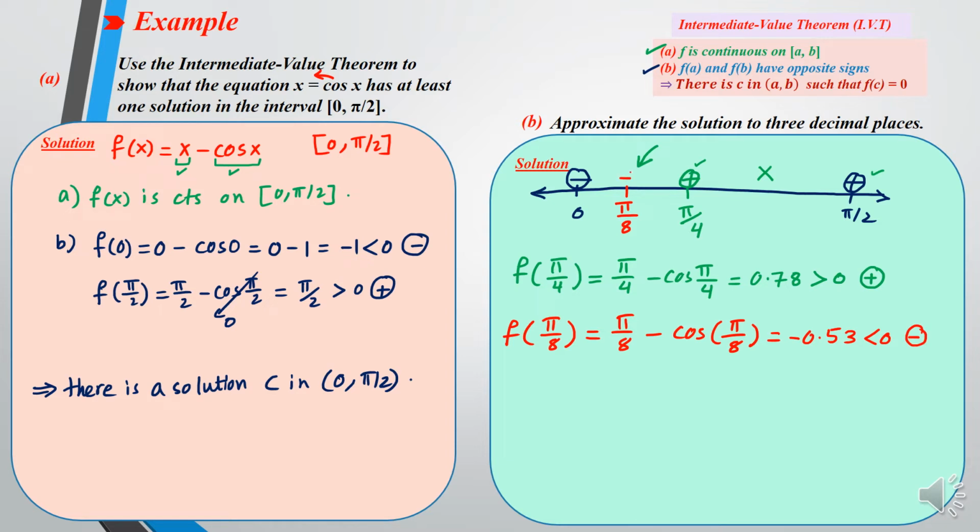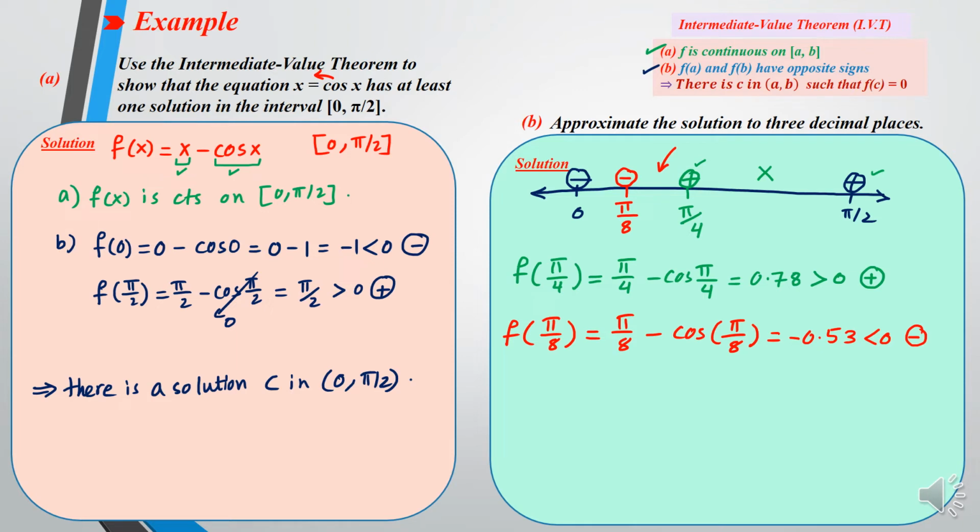So here we have negative. Now next, where is the location of c, or the solution? It will be here between negative and positive. So you have to make a lot of iterations to get an accurate value of c.